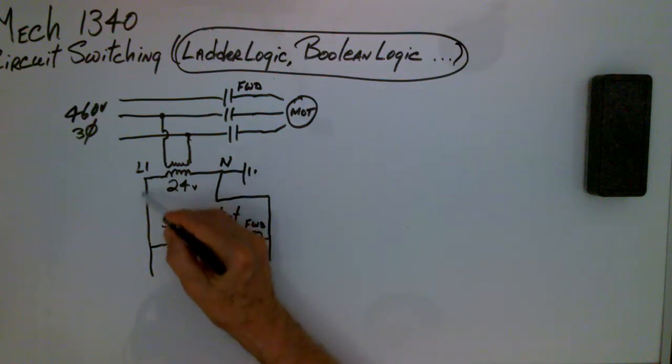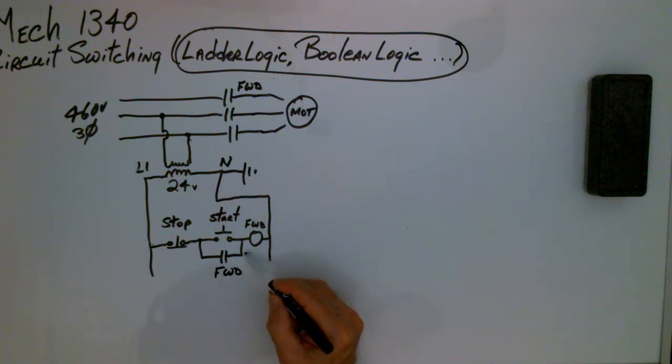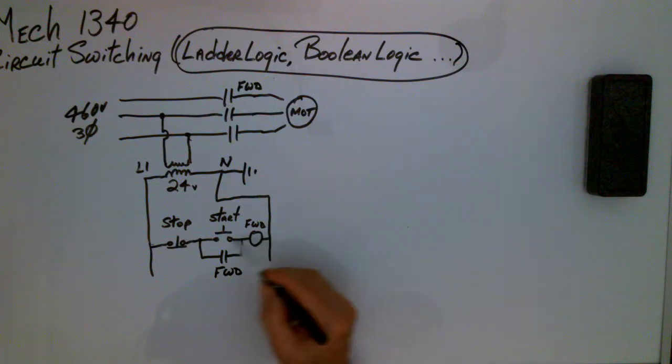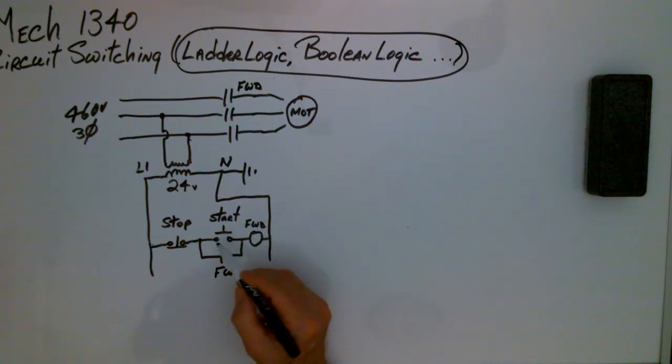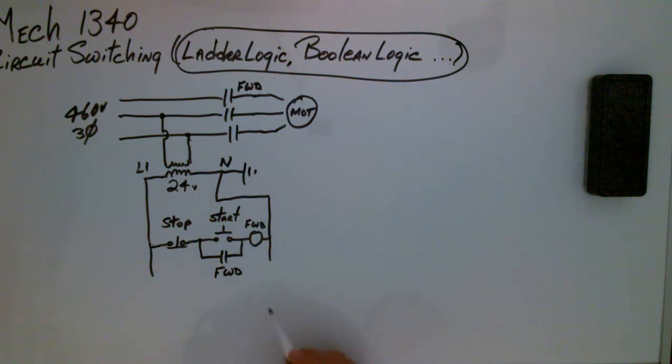I now have a path for a current through this normally closed push button, through the sealing contact, and through the forward coil. And while this button is pushed, I will also have current flowing this way and this way. Okay, so let me put that in a different color.